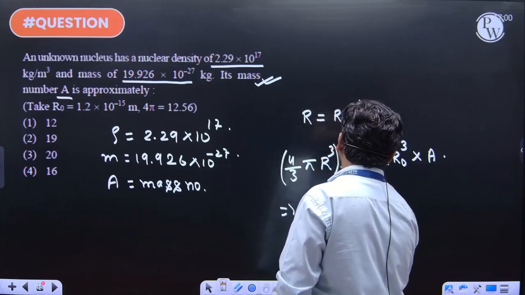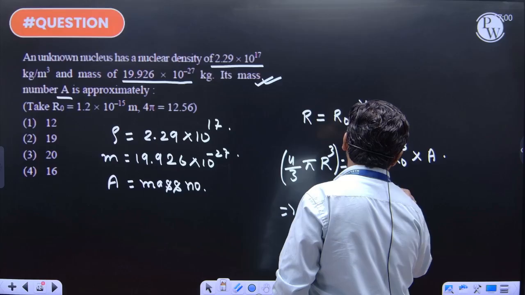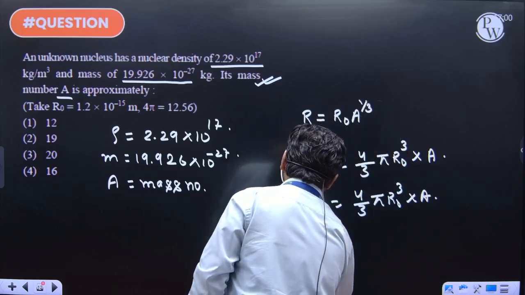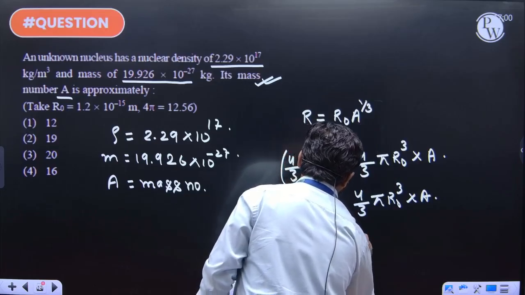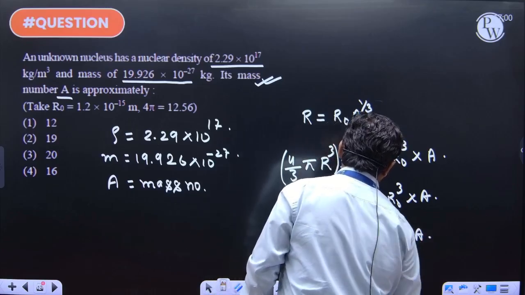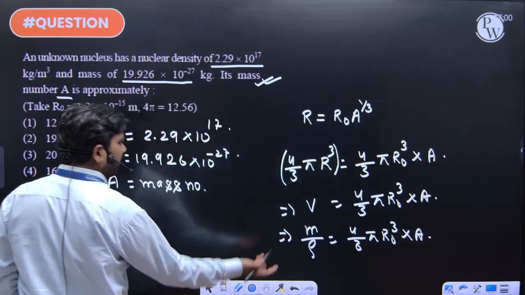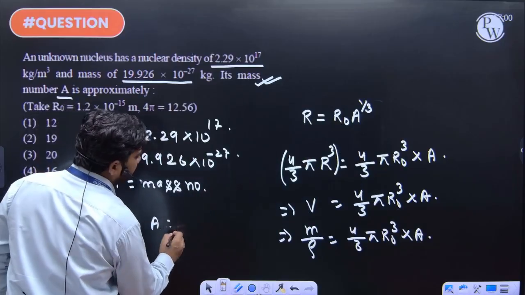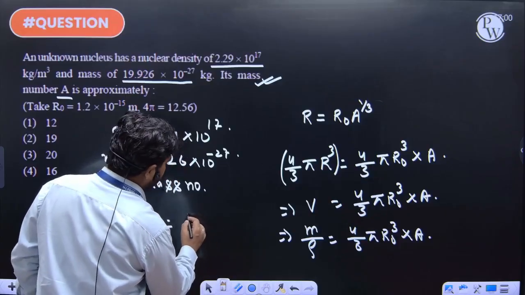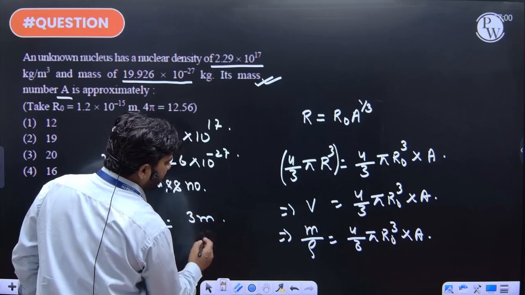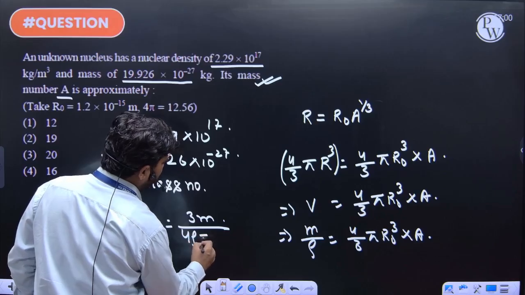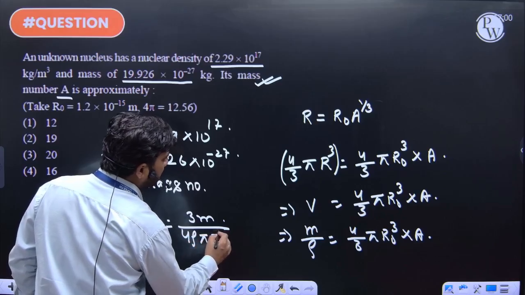So volume is equal to 4 by 3 pi R naught cube into A, and volume, you know that it is mass by density, is equal to 4 by 3 pi R naught cube into mass number A, right or not? So what is the value of A? The value of A will come out to be 3m divided by 4 rho pi R naught cube.